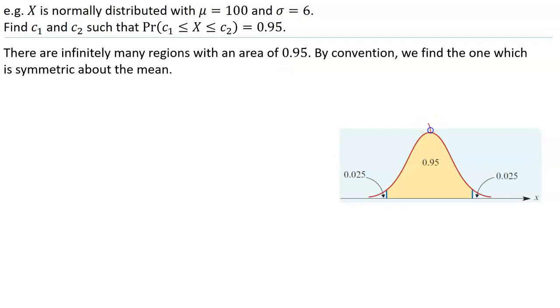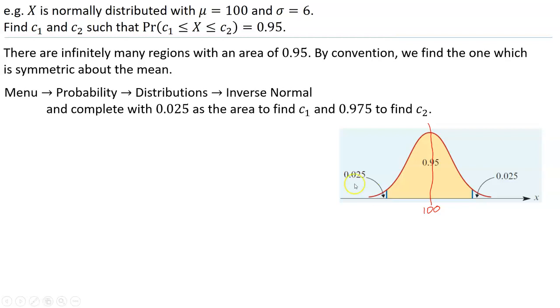So here's my mean, 100. And because this whole area is 0.95, this bit plus this bit must equal 0.05. Because I'm symmetric about the mean, I can just divide 0.05 by 2 to get that the area of this part is 0.025 and this part here is 0.025.